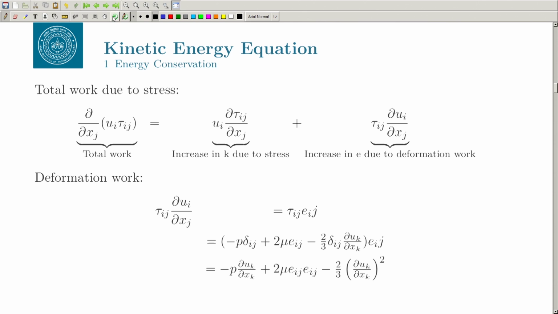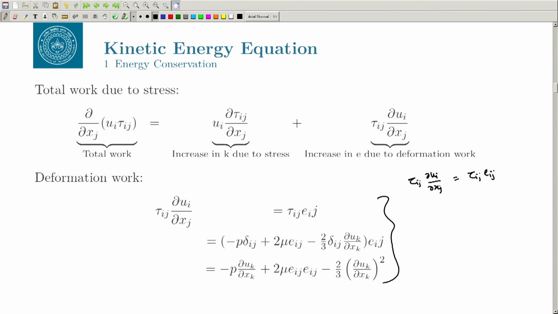And finally, what you can do, you can write your term which was your deformation work, okay, which is basically responsible for increase in internal energy, into a more presentable form, because we know the tau ij. So, we can basically expand it. So, if you write tau ij del ui by del xj, it can be written in terms of the symmetric tensor, basically this will be tau ij Eij.